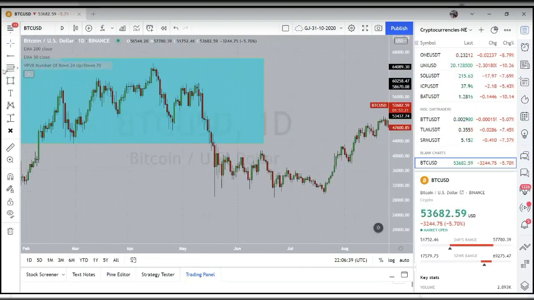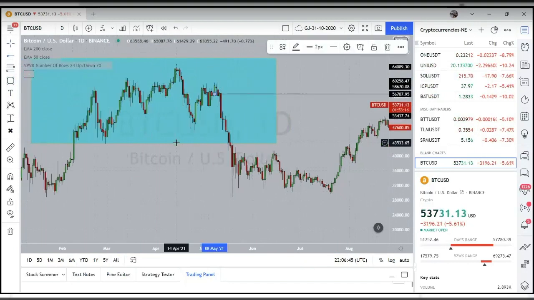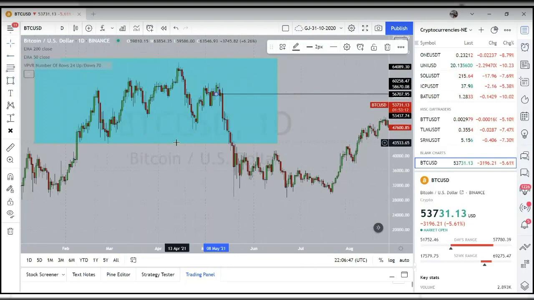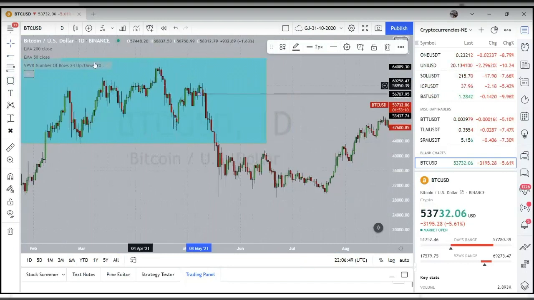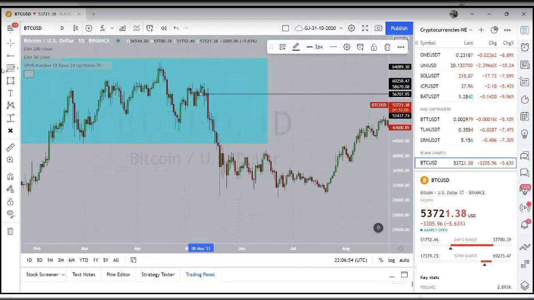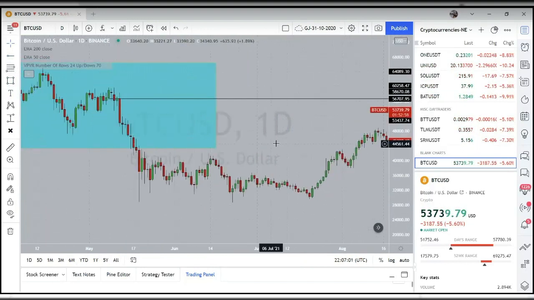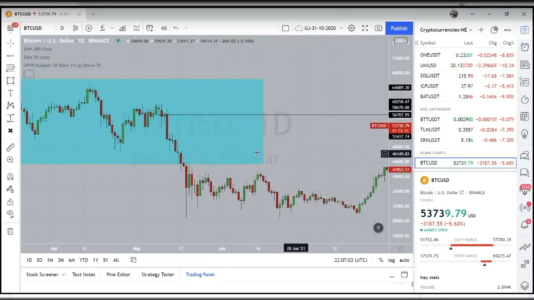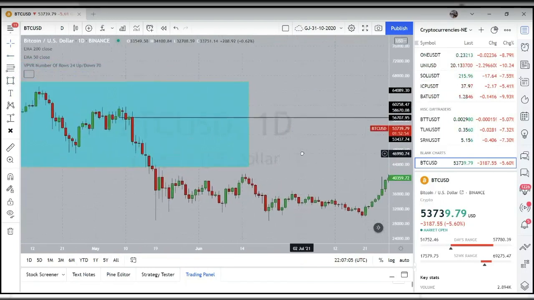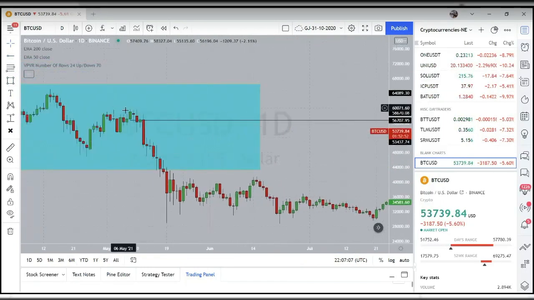My claim to fame is that I shorted Bitcoin at 56K. And there were a few reasons for that, but the main reason was on the daily, this Doji. So if you go on Google and ask what is a Doji candlestick, it'll give you the explanation of this.